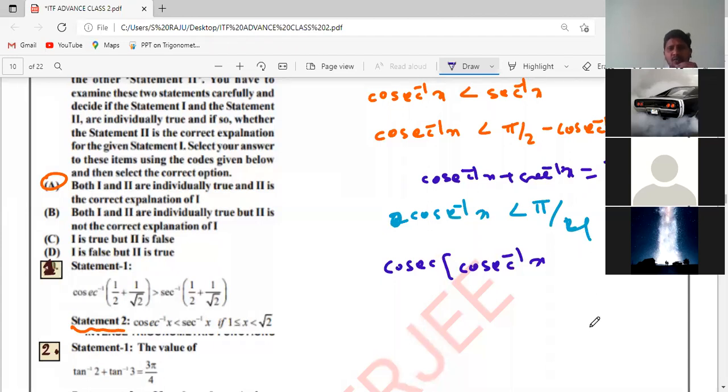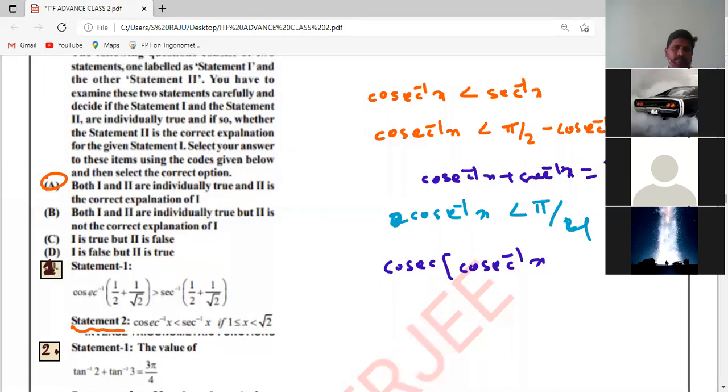In the first quadrant, what about cosecant? Is it a decreasing function or an increasing function? From 0 to pi by 2, cosecant 0 is infinity, so it is a decreasing function, from infinity till we get 1. So when we multiply with cosecant, lesser than becomes greater than.